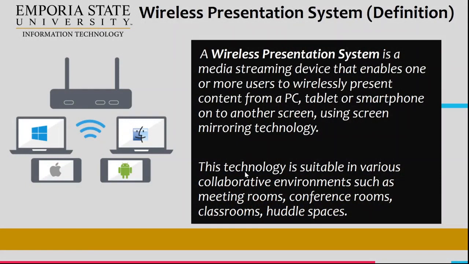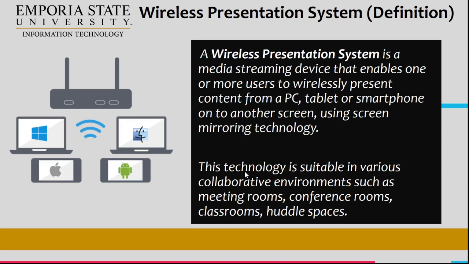To start off, we'll go over what is a wireless presentation system. Wireless presentation systems are usually a piece of hardware, but can sometimes also be software, that allows a user to wirelessly present content from either their own PC, tablet, or smartphone to another screen inside of your learning space.